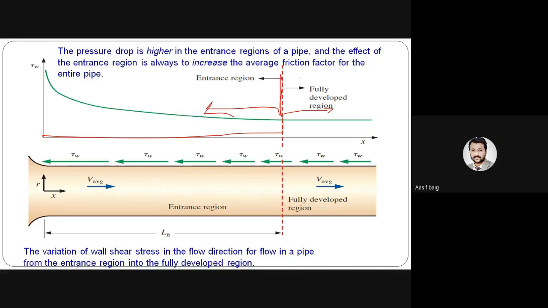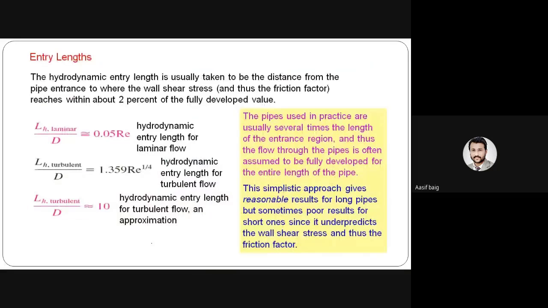So the variation of wall shear stress in the flow direction for flow in the pipe from the entrance region into the fully developed region. Entry length: the hydrodynamic entry length is usually taken to be the distance from the pipe entrance to where the wall shear stress, and thus the friction factor, reaches within about 2% of the fully developed value.